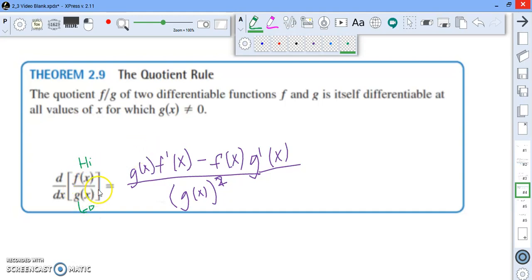The derivative of a quotient is low d high, meaning derivative of high, minus high d low, all over low squared. So as you do quotient rule, as I do it, you'll hear me say low d high minus high d low over low squared. Some calculus teachers will say over low.